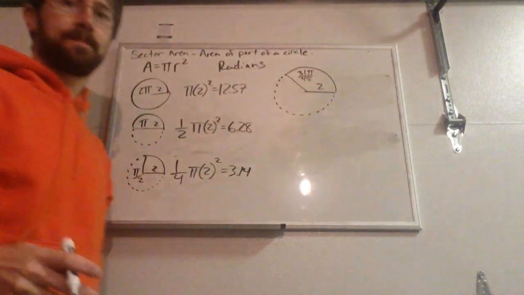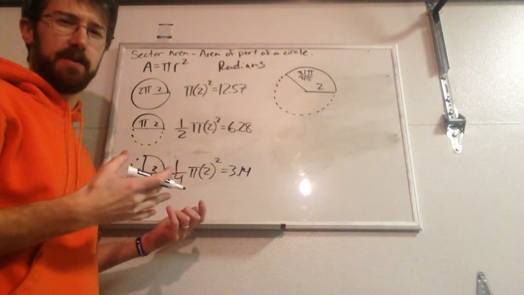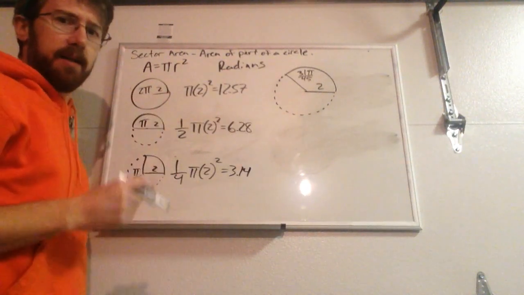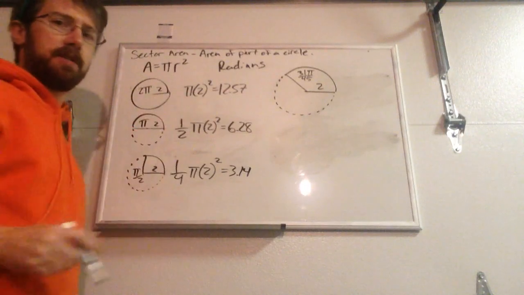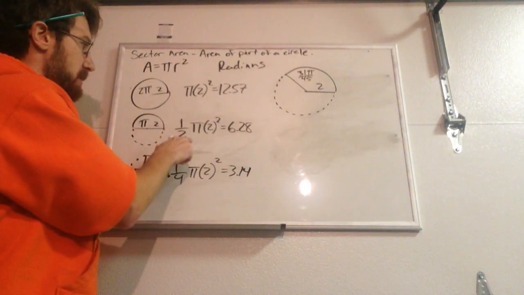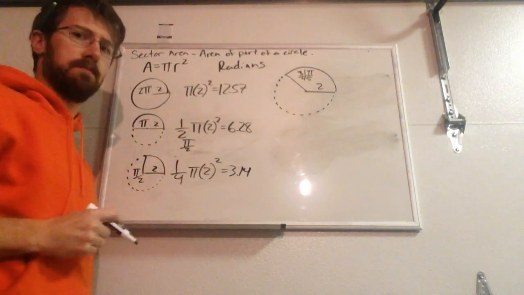I'm going to come back to here and see if I can figure out the pattern from this. Now instead of going 2 pi to 2 pi like I did with arc length, now it's going 2 pi to just pi. This one is going from pi to 1/2 pi, or pi over 2.